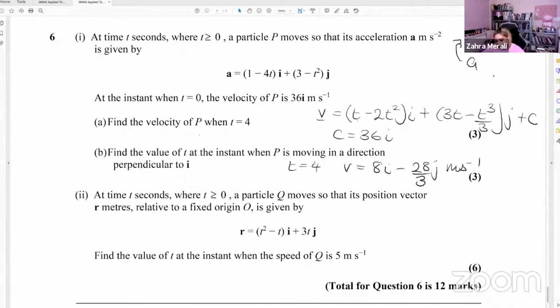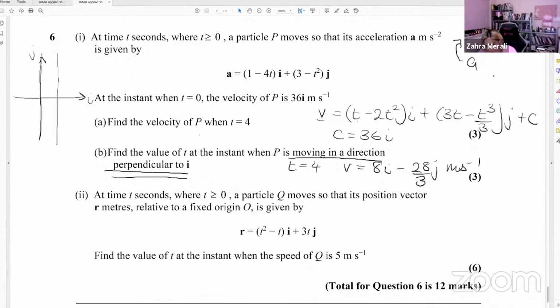And then it says find the value of t at the instant when it's moving perpendicular to i. So let's think about what that means. That's i and that's j.